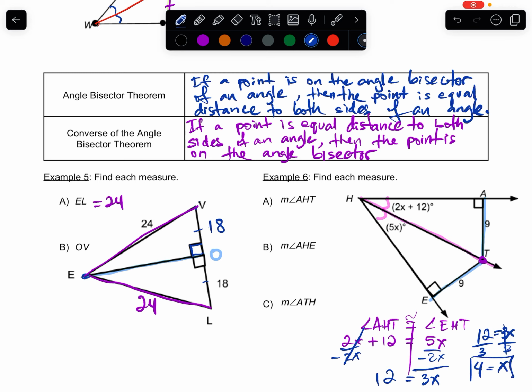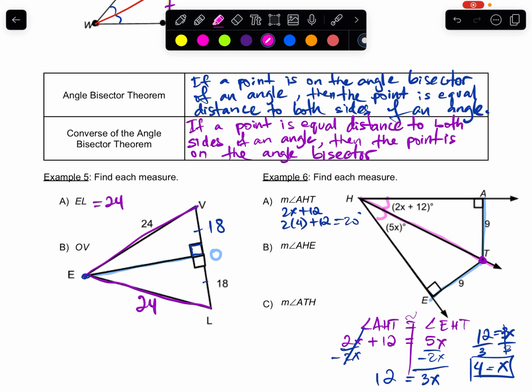Divide by 3, divide by 3. x is equal to 4. I know x equals 4, but remember, I'm looking for AHT, which is this right here. So AHT is 2x plus 12, and x is 4, so this becomes 2 times 4 plus 12. That's 8 plus 12, which is equal to 20 degrees.